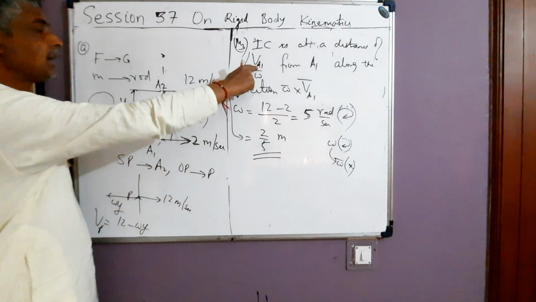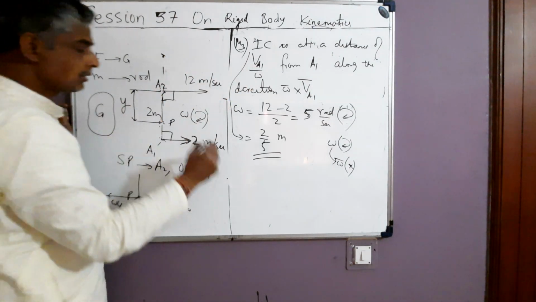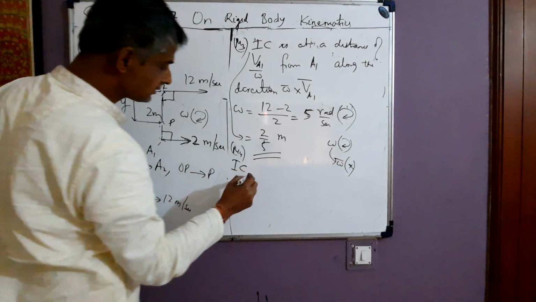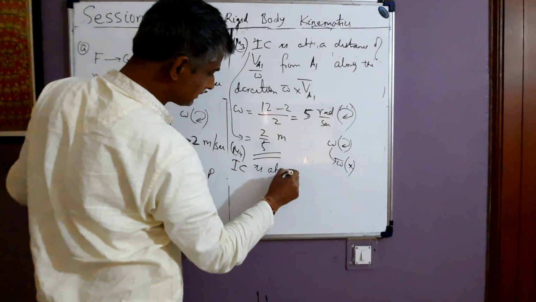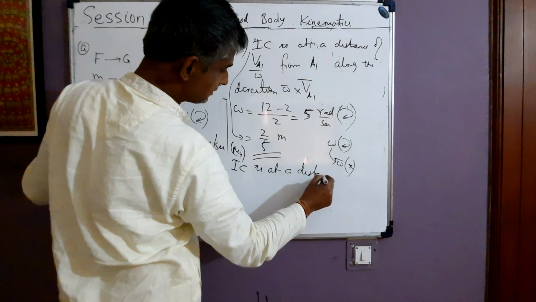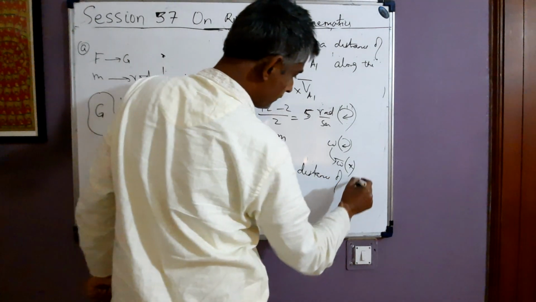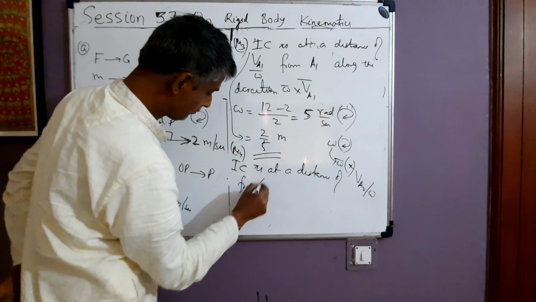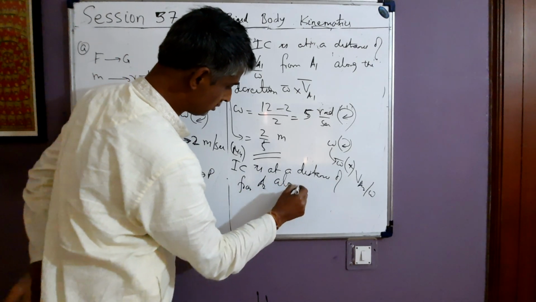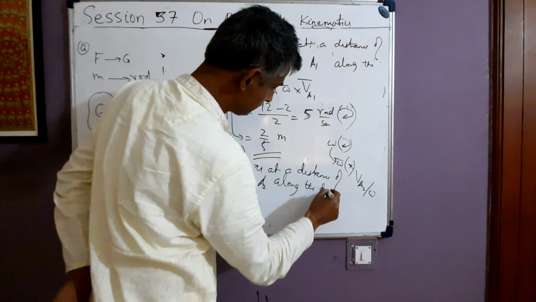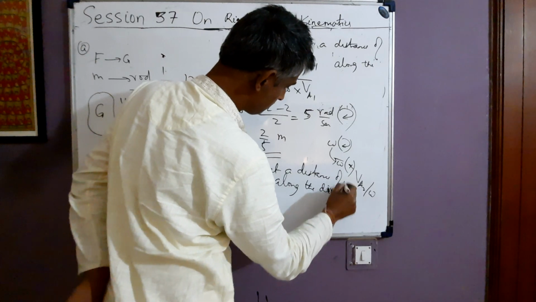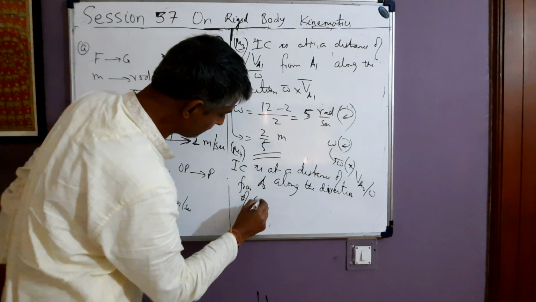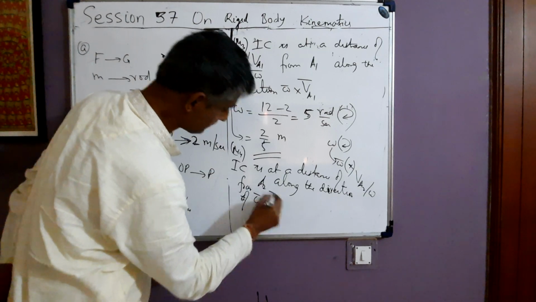Actually, instead of using VA1, we can use VA2 also. So this was method 3. Method 4 is this. IC is at a distance of VA2 by omega from A2 along the direction of omega cross VA2.